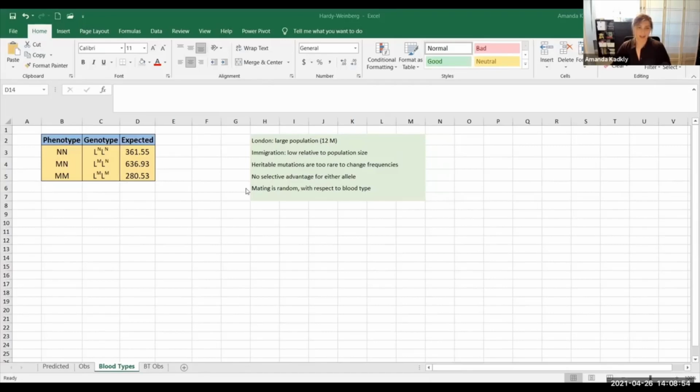So they went out and documented what we could observe in the population. They observed data that was really close to the Hardy-Weinberg equilibrium equation.